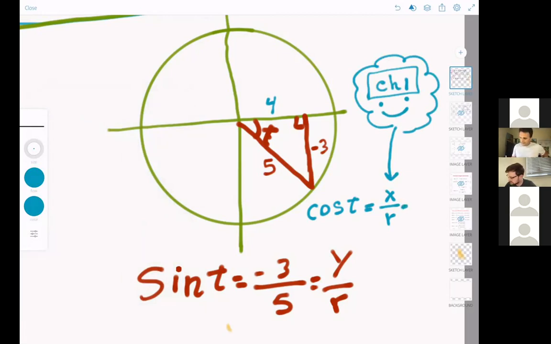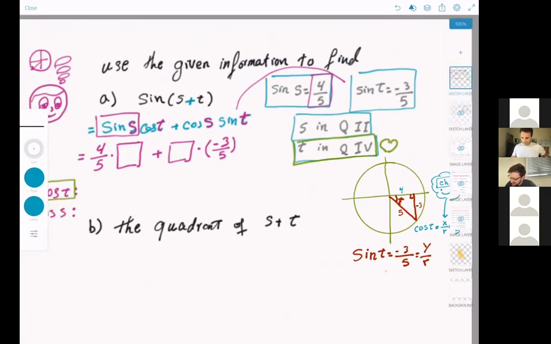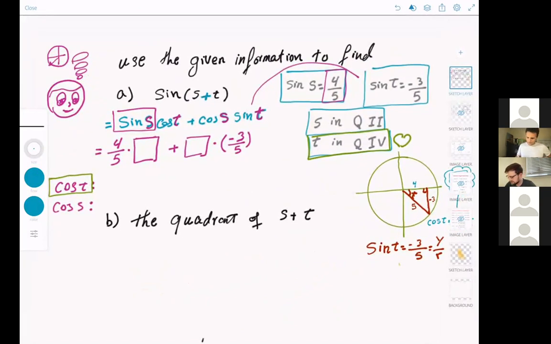Then the answer will be 4/5. So we solve this. I'm going to go all the way back to what we had here, and I'm going to put cosine of t is 4/5.